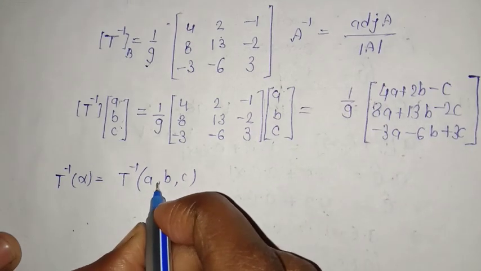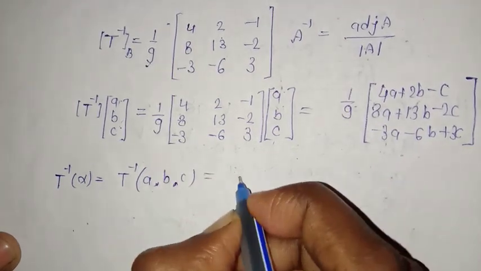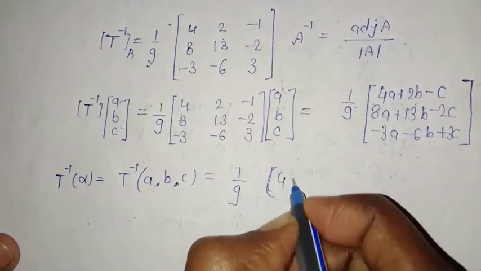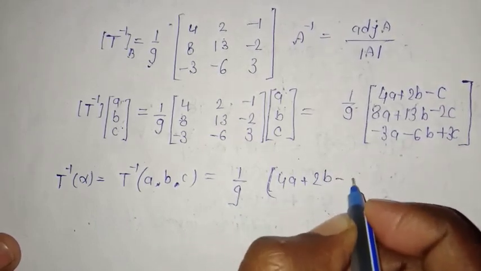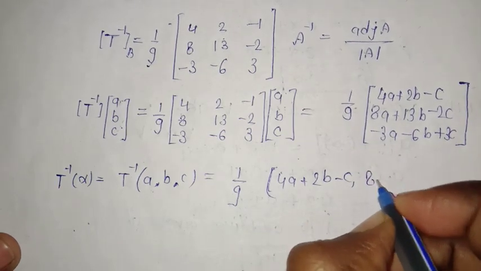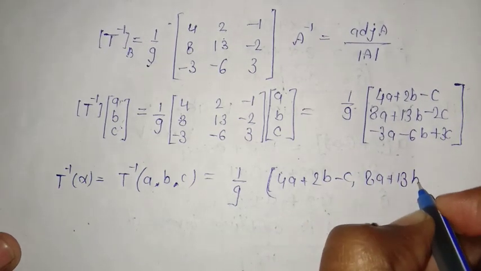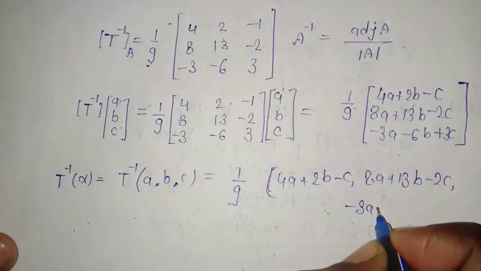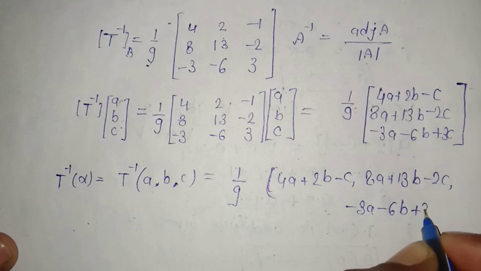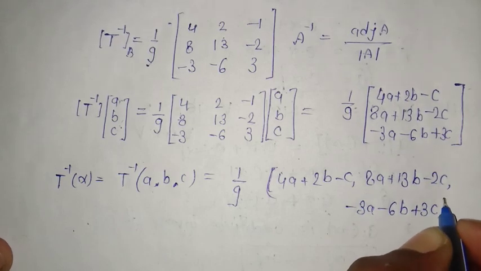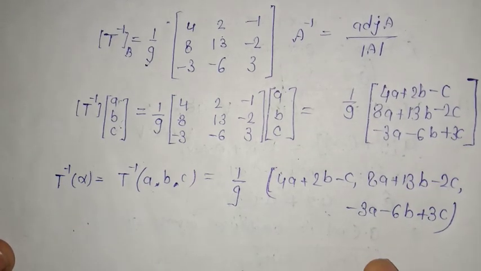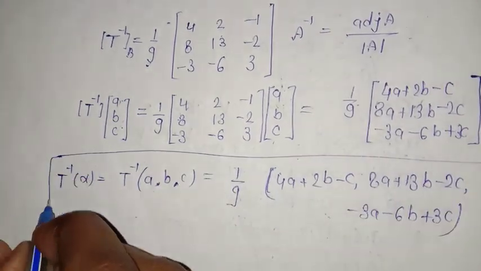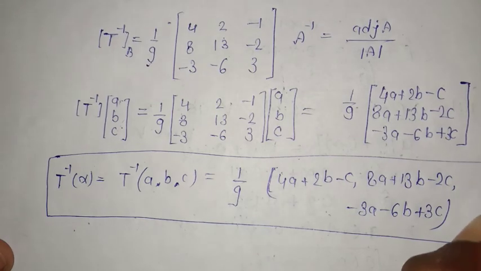But if I express it in the form of a row, this can be expressed as 1 by 9 times (4a plus 2b minus c, 8a plus 13b minus 2c, -3a minus 6b plus 3c). So this was the formula for T inverse, and in this way we can find the invertible linear transformation or the inverse of the transformation matrix.